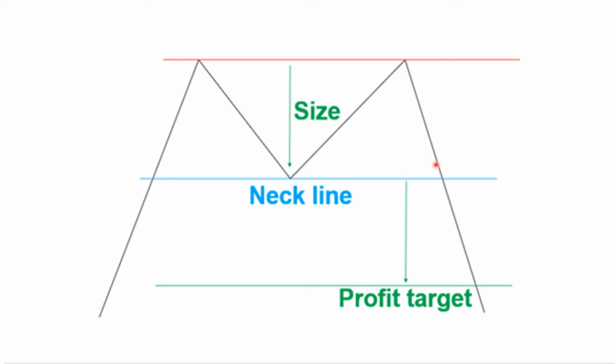But if you don't mind risk so much, you can have a wider stop and place a stop loss just above the double top pattern, so here. I wouldn't recommend this because it could mean that you have much higher losses.